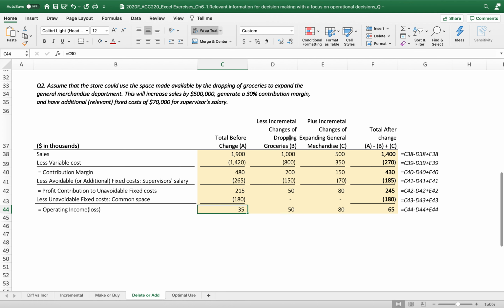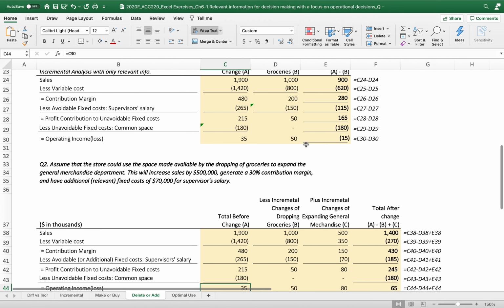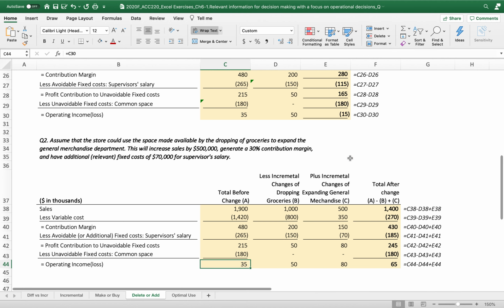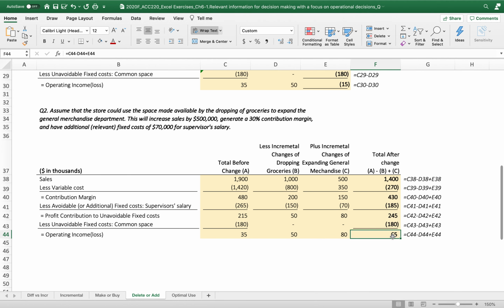After dropping, we lose the $50,000 like previously, so we reduced by 15, but we could increase by 80, so that we can produce 65 operating income. That is after the changes. So definitely we can make a decision that we drop the grocery store and expand the general merchandise.